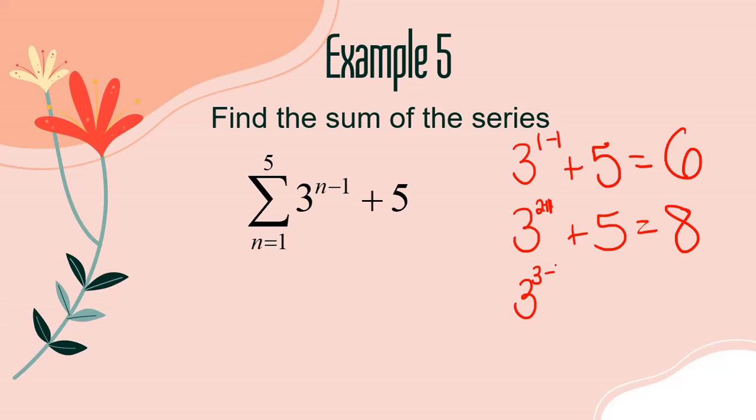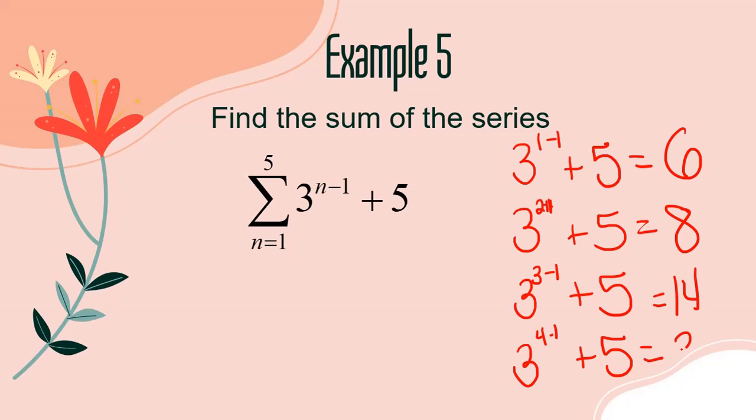3 to the 3 minus 1 plus 5. So that's 9. Plus 5 is 14. 3 to the 4 minus 1 plus 5 is 3 cubed is 27 plus 5 is 32. Got one more to go.